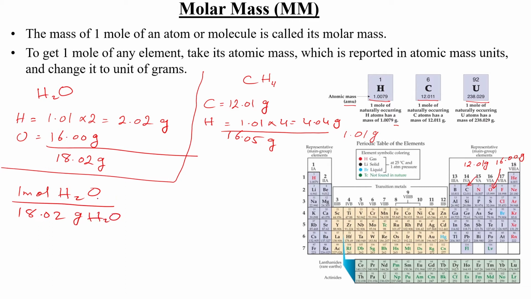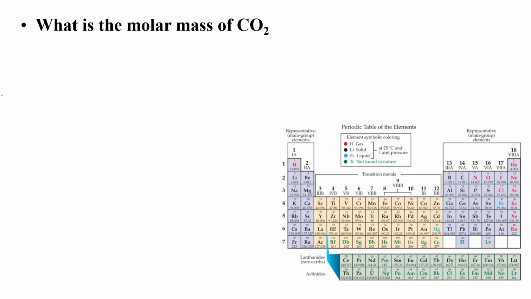This conversion factor that I just made is called the molar mass conversion factor, which is between mole and the mass of that substance. Similarly, for methane, you can make that 1 mole of methane is 16.05 grams methane.